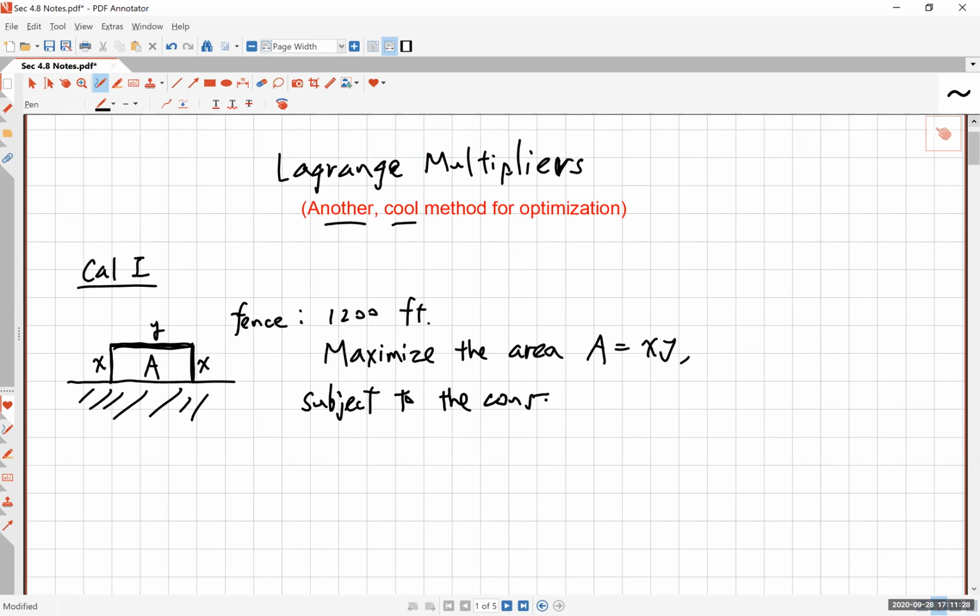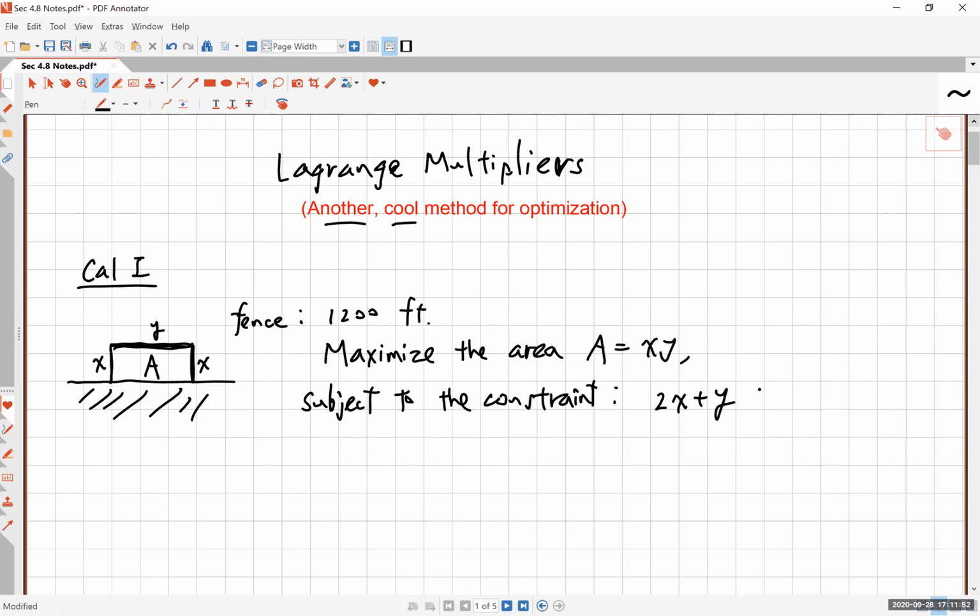This is a typical way of saying it, typical language when you talk about an optimization problem, maximizing or minimizing. You are trying to maximize or minimize a function, in this case the area, which is x times y, subject to the constraint. And in this case, the constraint is 2x plus y.